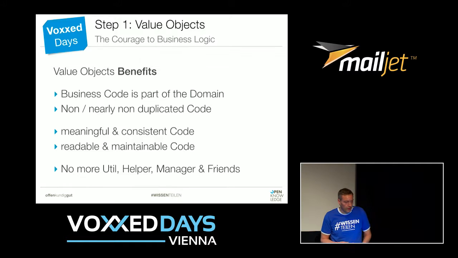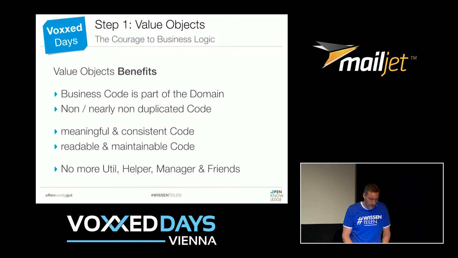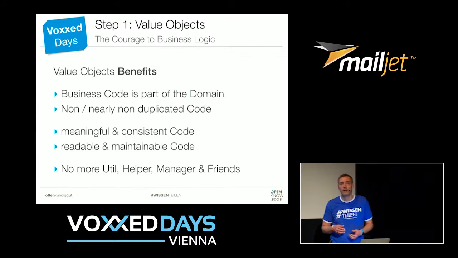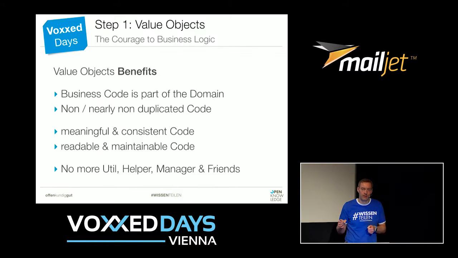You have no or nearly no duplicated code if you use a pattern like this. You have meaningful and especially consistent code. Because of immutability, there's no way to create inconsistent value objects or to manipulate them so that they become inconsistent.